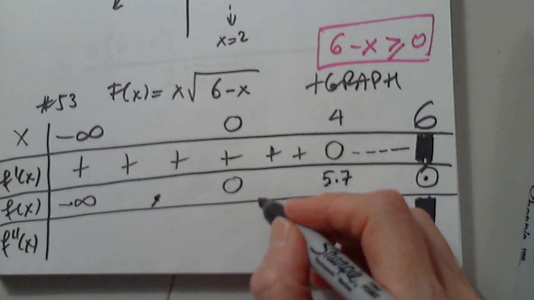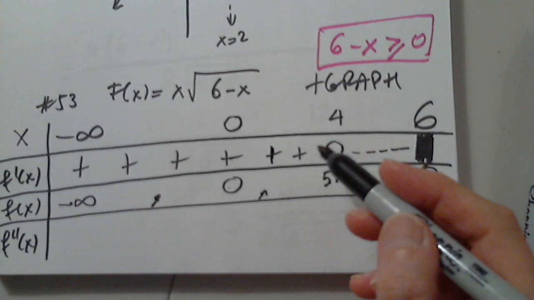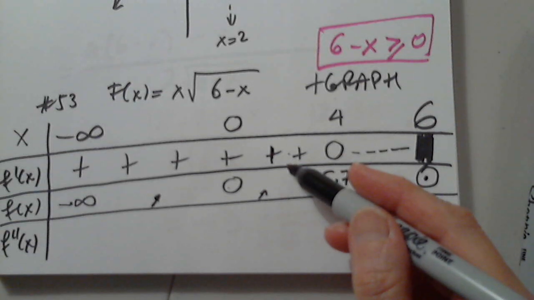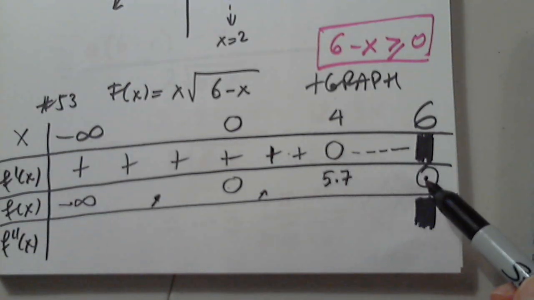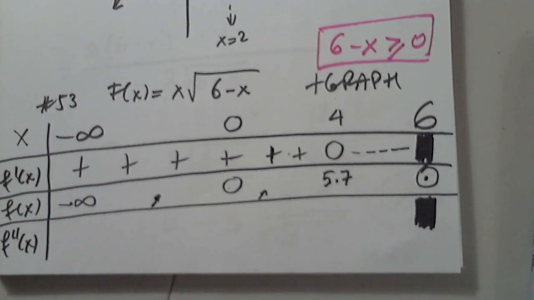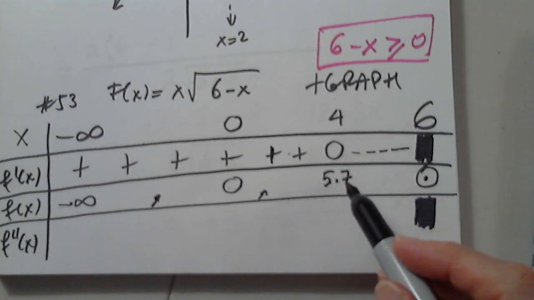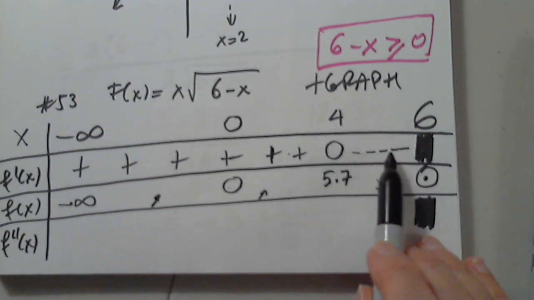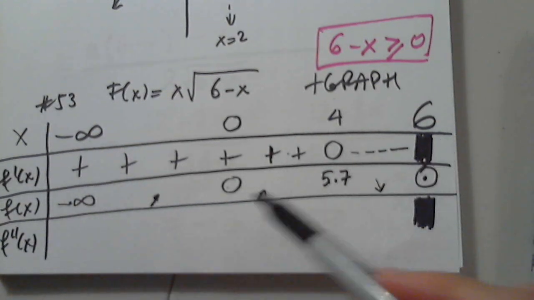It still increases. Yes, supported by the sign of the first derivative. And from 5.7 to 6, what does the function do? It decreases. Good. Is that supported by the sign of the first derivative? Yep. So these two are okay.